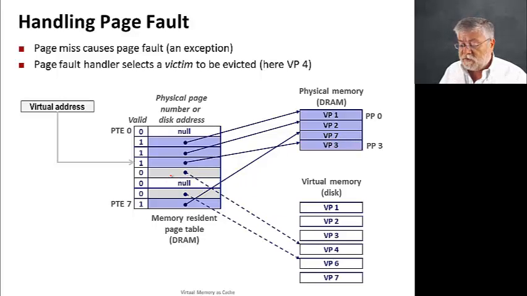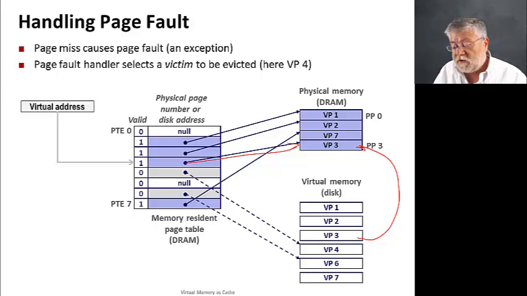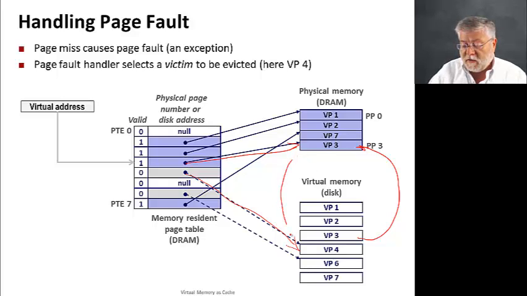Instead, it will have virtual page 3 point to that physical location, copy that page from the disk to the physical memory, and now you'll see that virtual page 4 just points to its copy on disk, which may have been put there from the main memory if that page had to be written back, if it had been modified by some write instructions before then.